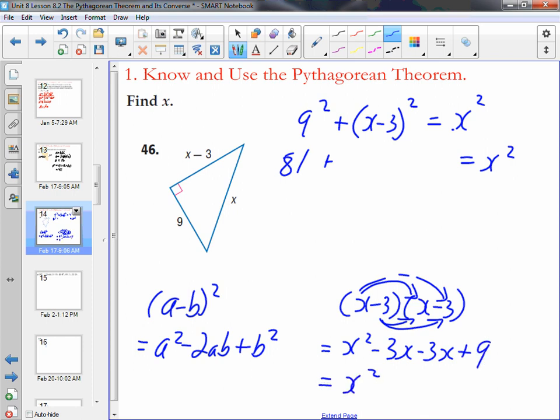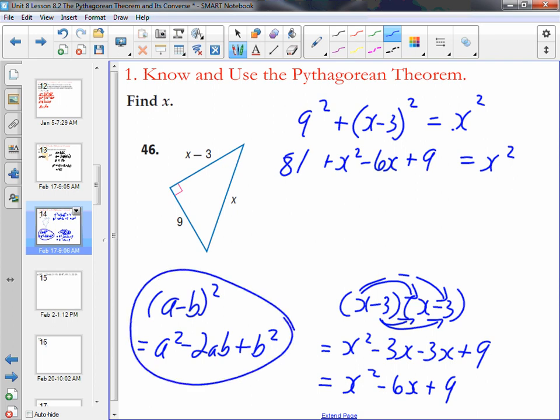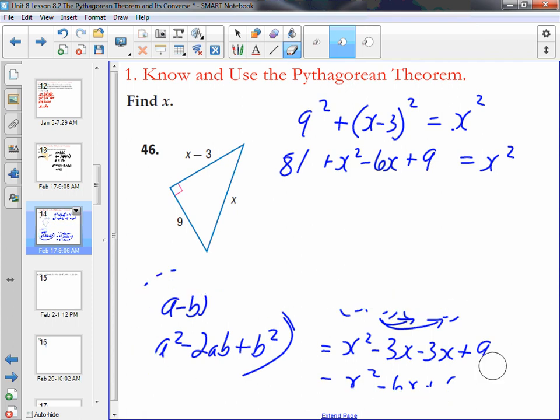So I get x squared, then negative 3x and negative 3x is negative 6x plus 9. So just multiply it out, get x squared minus 6x plus 9. Now that you've seen me do that, does that seem familiar? Yes, for some of you, no, for others of you. I don't need it, do I? I can just multiply it out. Okay? So I multiplied that out.